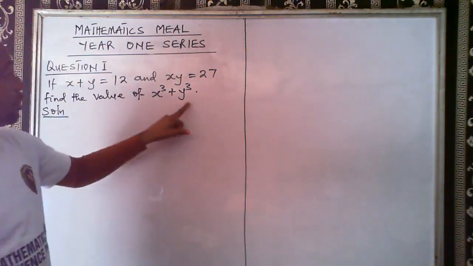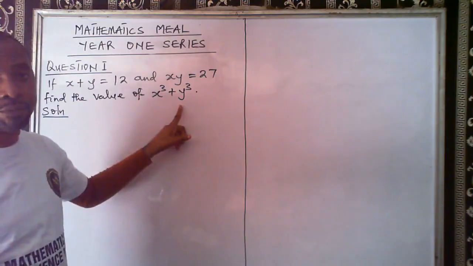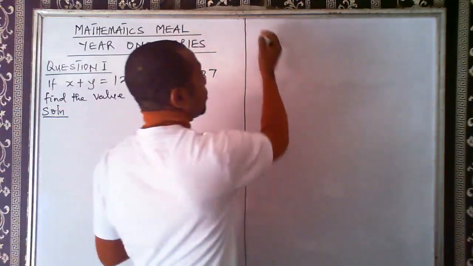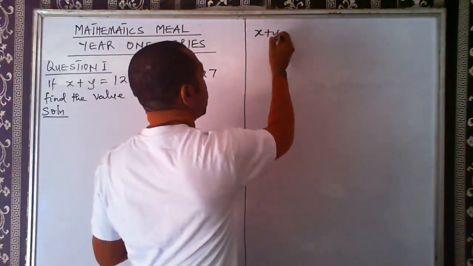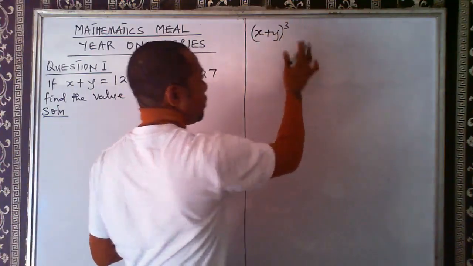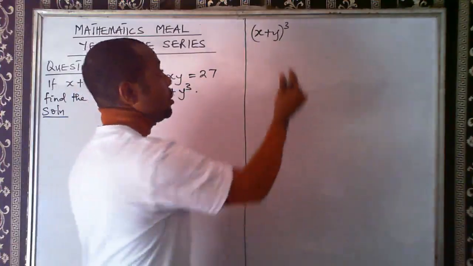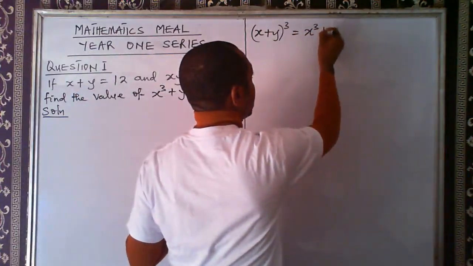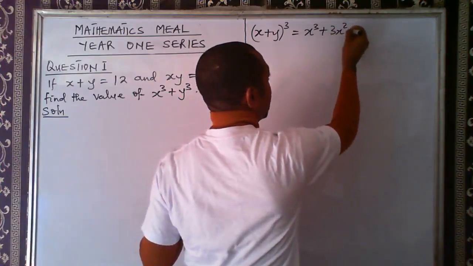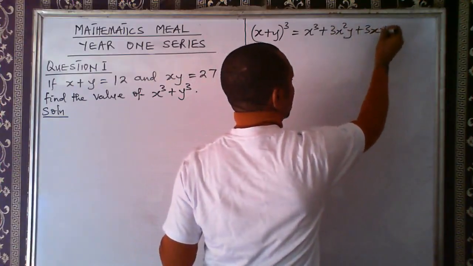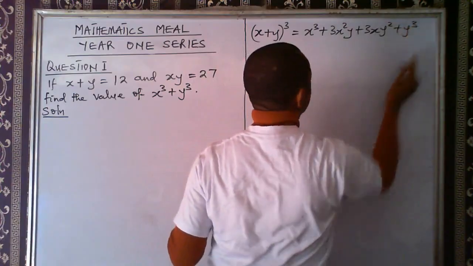Now we know we can write this in an alternative form. If I do x plus y all raised to the power 3, a binomial expansion, I know I'm going to arrive at x raised to the power 3 plus 3x squared y plus 3xy squared, then plus y raised to the power 3.